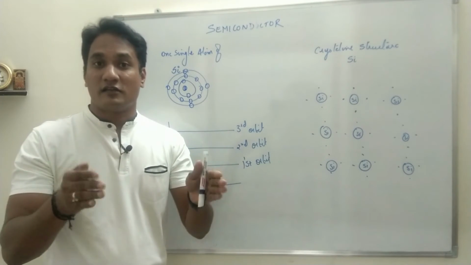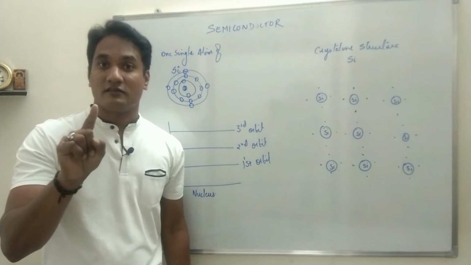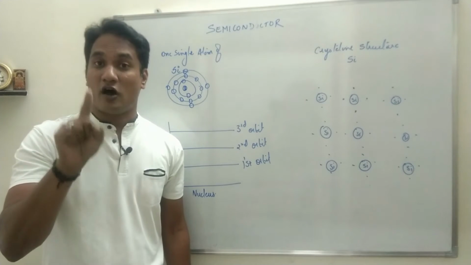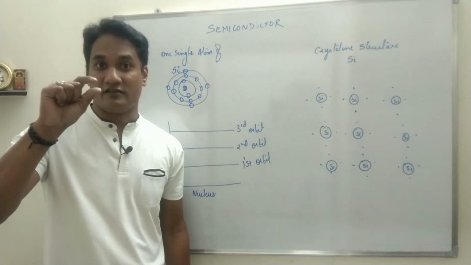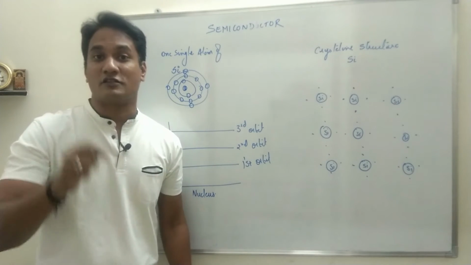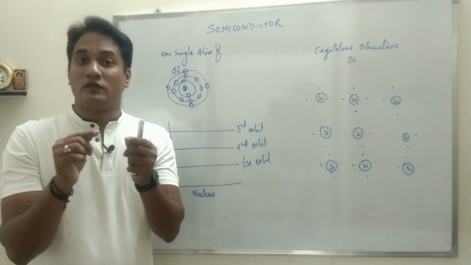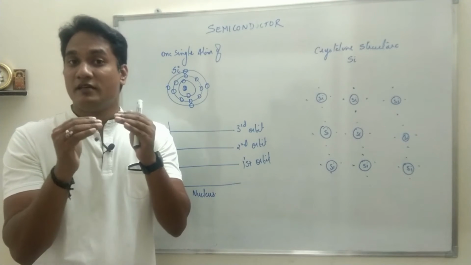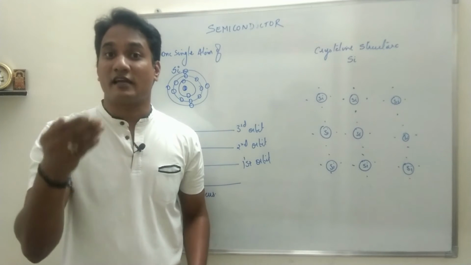When a large amount of silicon atoms are brought together, the energy associated with the electrons in the first orbit will not have one single energy level. They will have a range of energy levels, because there may be a small change in the energy level of the electrons present in the first orbit. Similarly, there may be a small difference in the energy level of the electrons present in the second orbit.